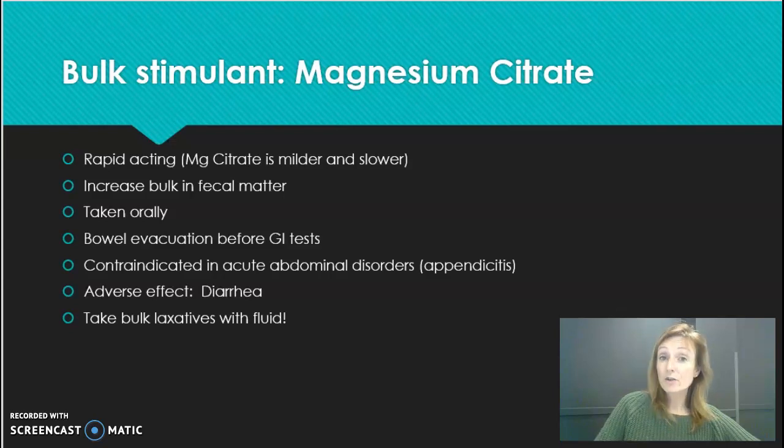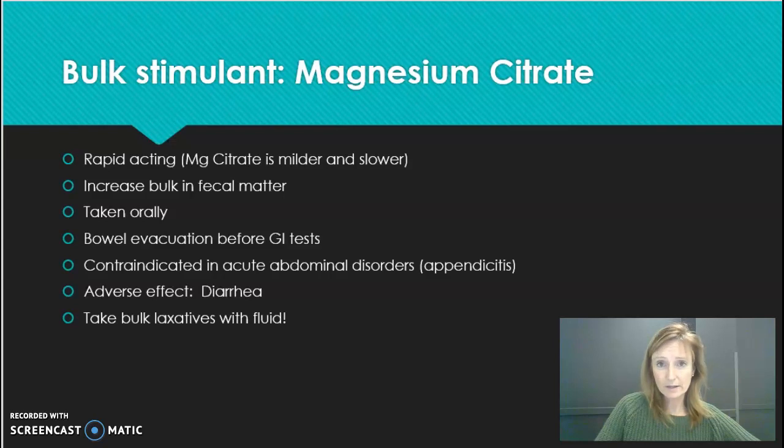It is contraindicated, and how would you think that would impact the patient? Well, if they're in acute abdominal distress, if they have what we call an acute abdomen, this would be like an appendicitis. That would be contraindicated.